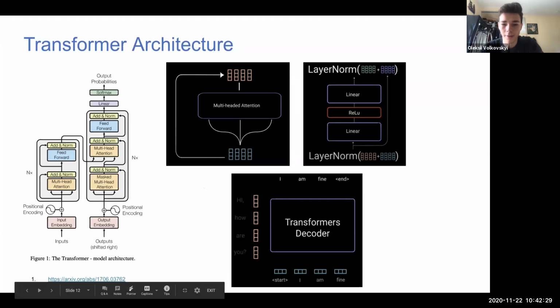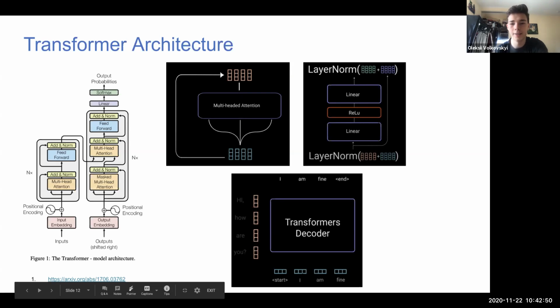And so the way you can see this is that the decoder outputs token by token. When you first feed it in, you just feed in a start token, which means that you're starting the sentence, and all of these are masked, and then the decoder outputs "I".